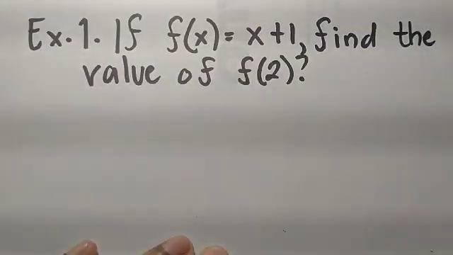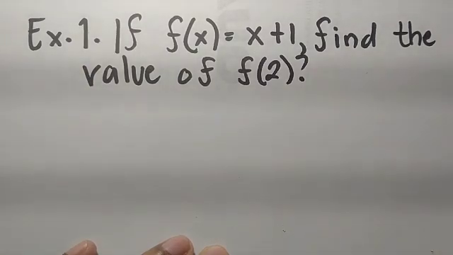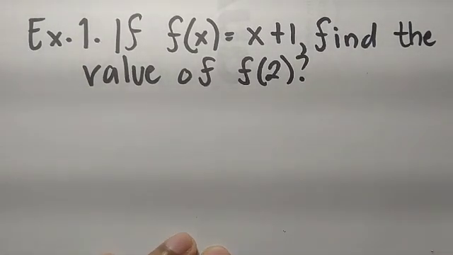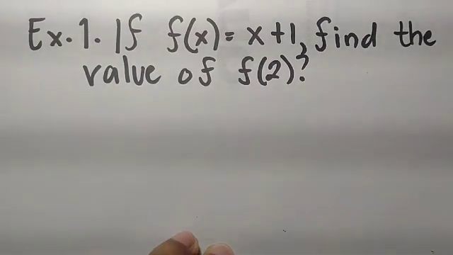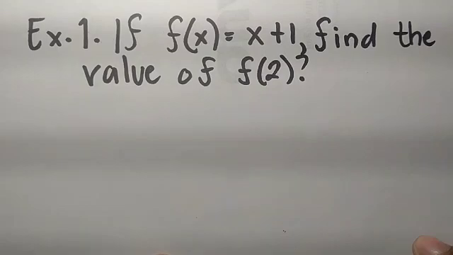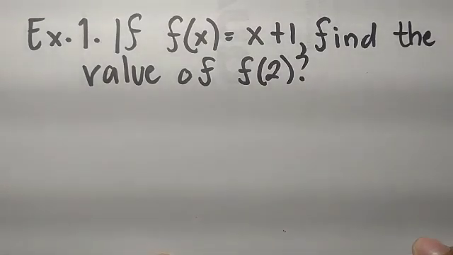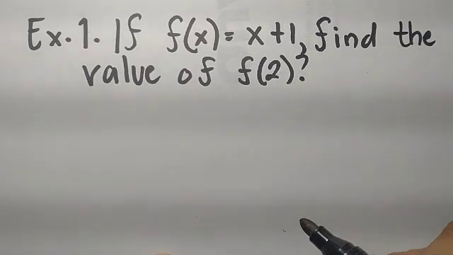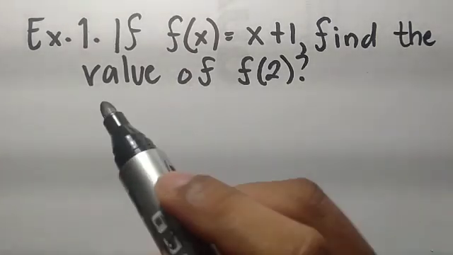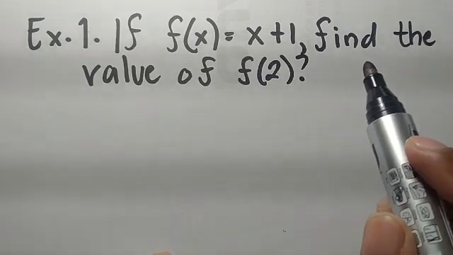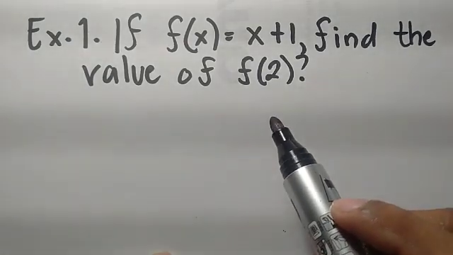Okay, so now that you have learned how to substitute a given value, it should be easy for us now to evaluate a function. To evaluate a function, we simply substitute the variable by its given value. Example, if f of x equals x plus 1, find the value of f of 2.